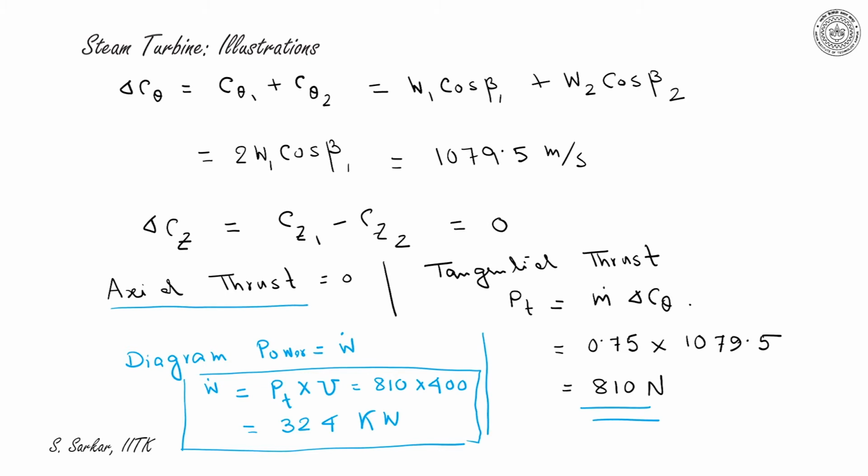Now the only thing remaining is diagram efficiency. So let's go to the next page to evaluate diagram efficiency. So diagram efficiency, that is blade efficiency eta B, should be equal to W dot divided by half m dot into C1 square.